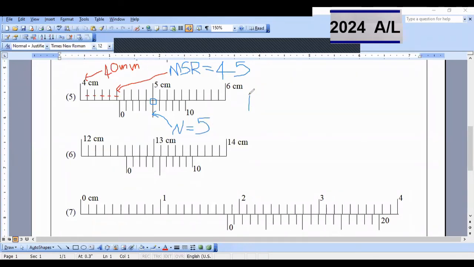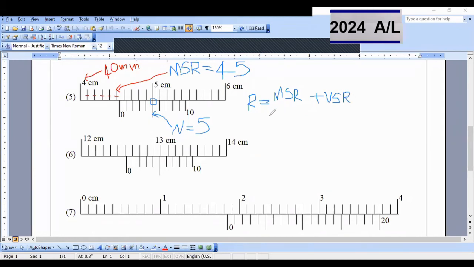What is the equation we use to find the reading? MSR plus VSR. What is VSR, everybody? Vernier scale reading.